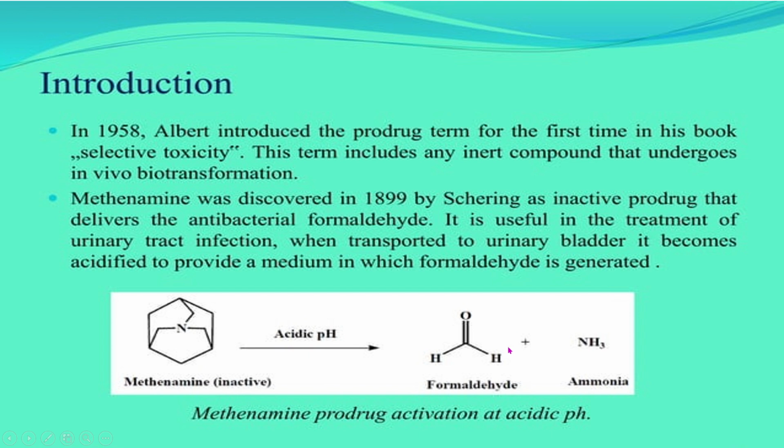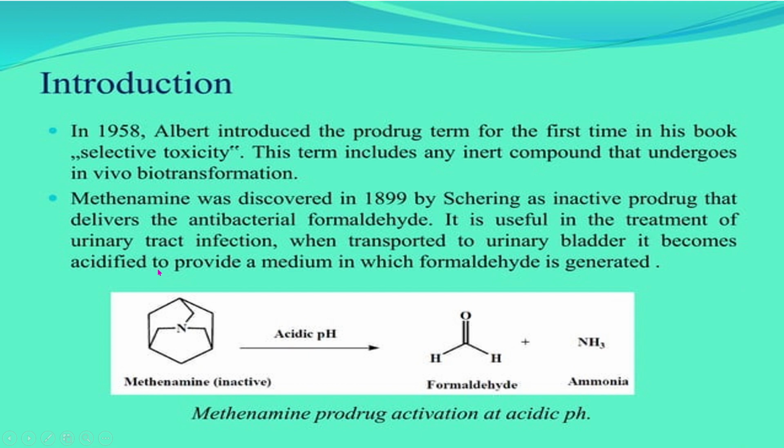This formaldehyde has antibacterial properties, which is useful in the treatment of urinary tract infections when transported to the urinary bladder, where it has its effect against urinary tract infections.